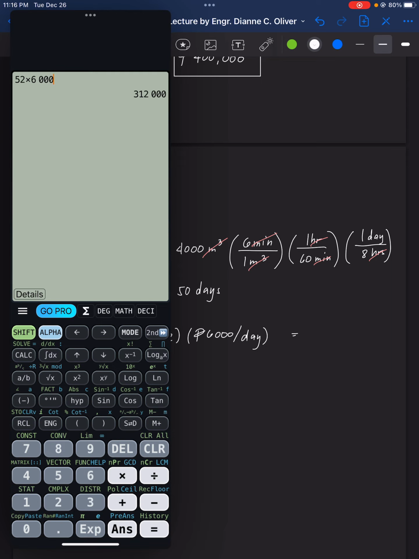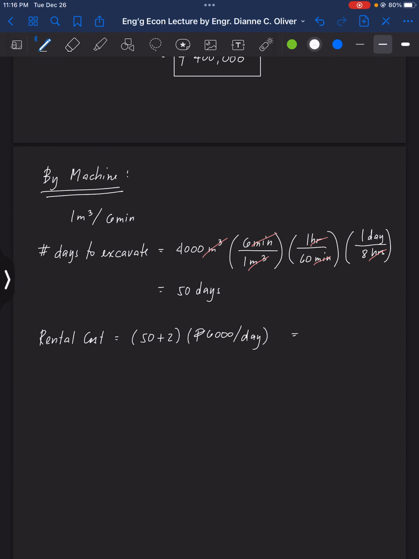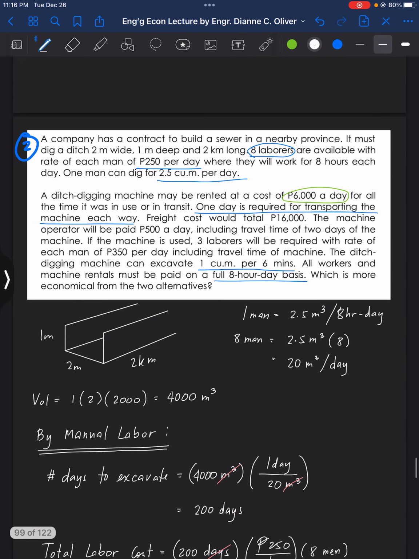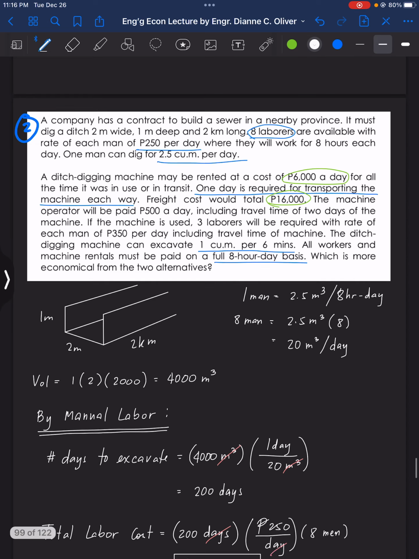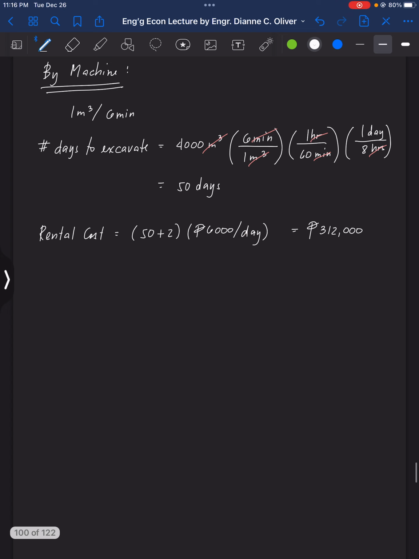So that is 312,000 pesos. Next, here is the freight cost, and the total is 16,000 pesos, meaning the 2 days transit has a total cost of 16,000 pesos. There's no need to multiply it by 2 because it mentioned here as total freight cost.